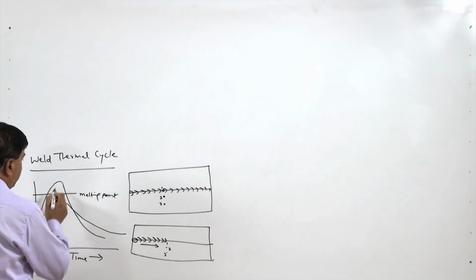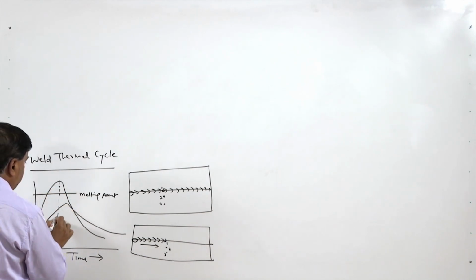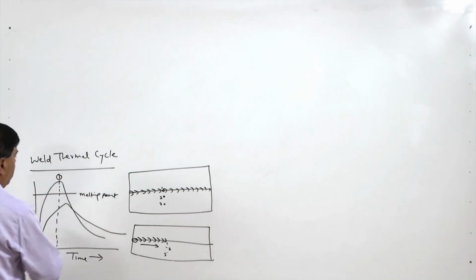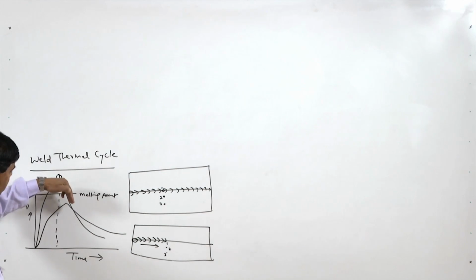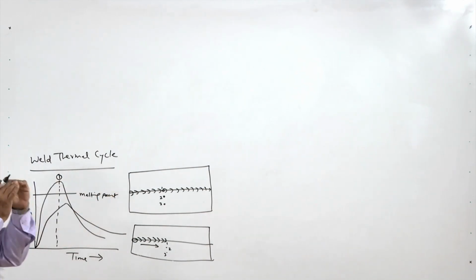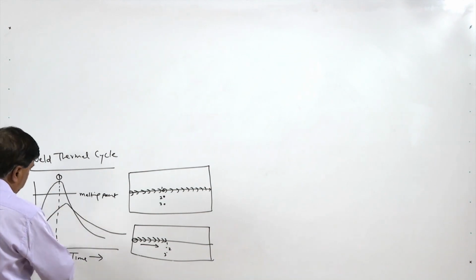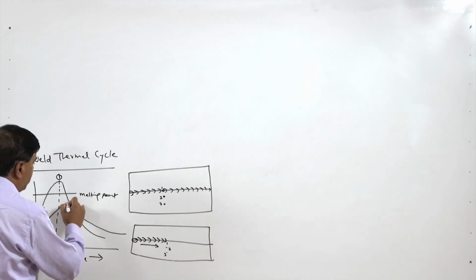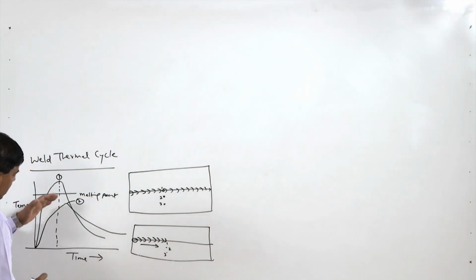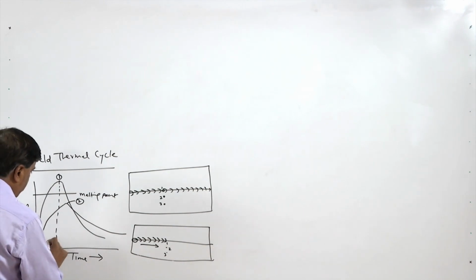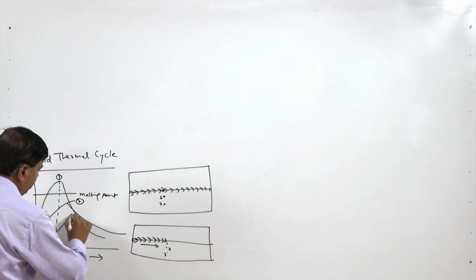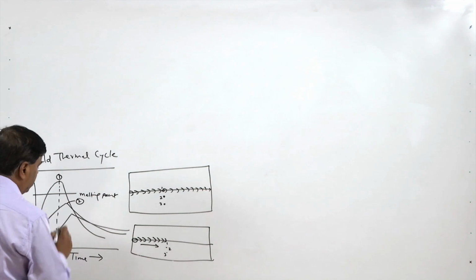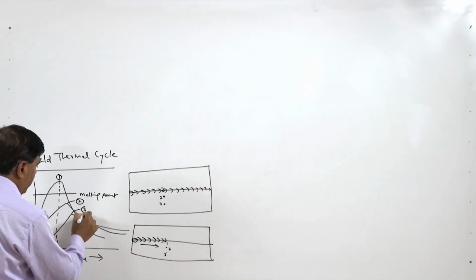This is the weld thermal cycle corresponding to point 2, or the variation in temperature as a function of time. For point 1, which is in the weld, it goes like this, for point 2 it goes according to this, and if we draw it for point 3, you will see it like this.